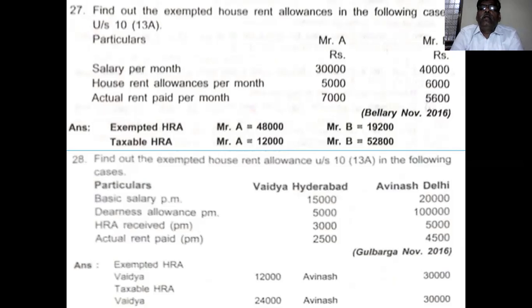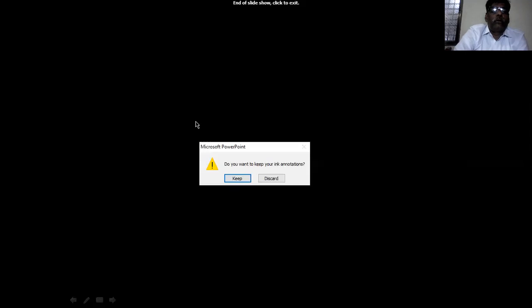Otherwise, it is to be eliminated and not considered. Remember this point. Dearness allowance that is eligible for retirement benefit is to be added to the salary. Otherwise, dearness allowance is not to be considered. This is the point you remember, and you solve this problem.